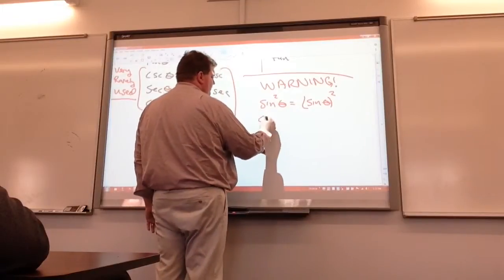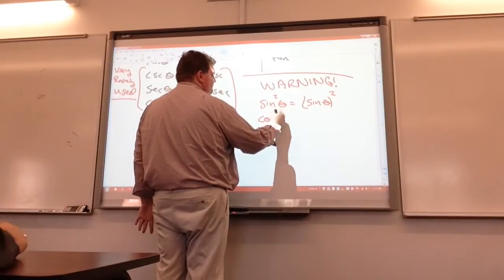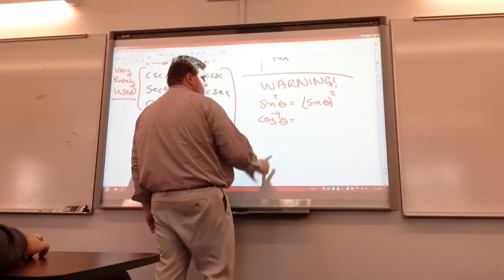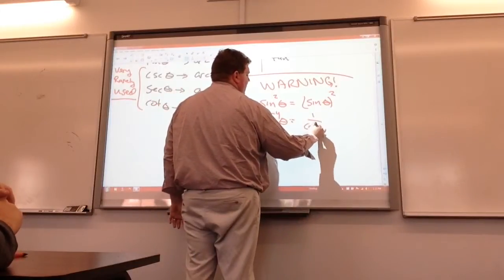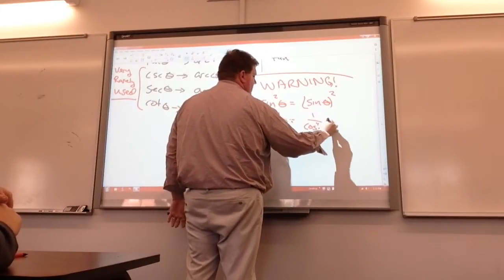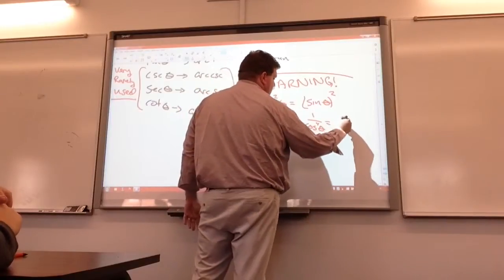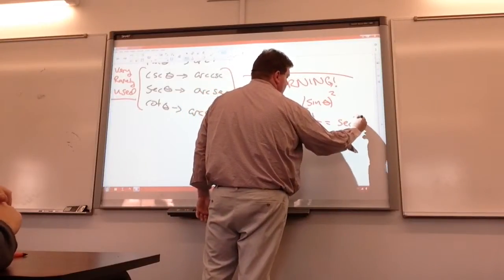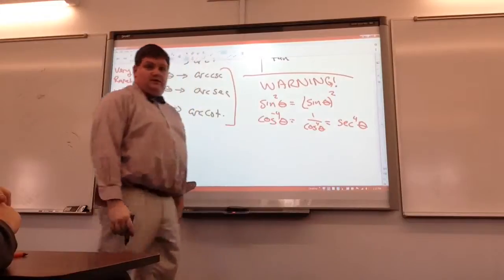If you saw the cosine of minus 4 theta, that'd be 1 over the cosine to the 4th of theta, which could be rewritten as the secant to the 4th of theta.